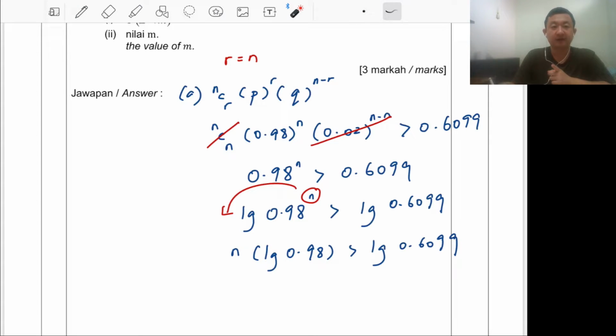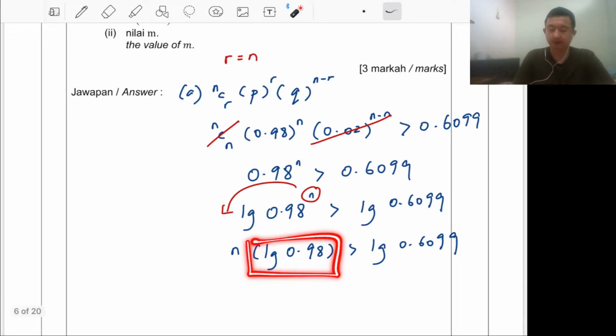Before you move it, I want you to check in the calculator. What is LG 0.98?